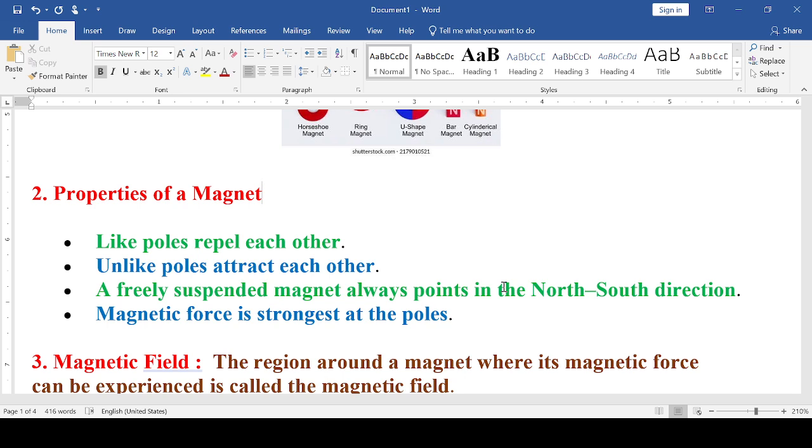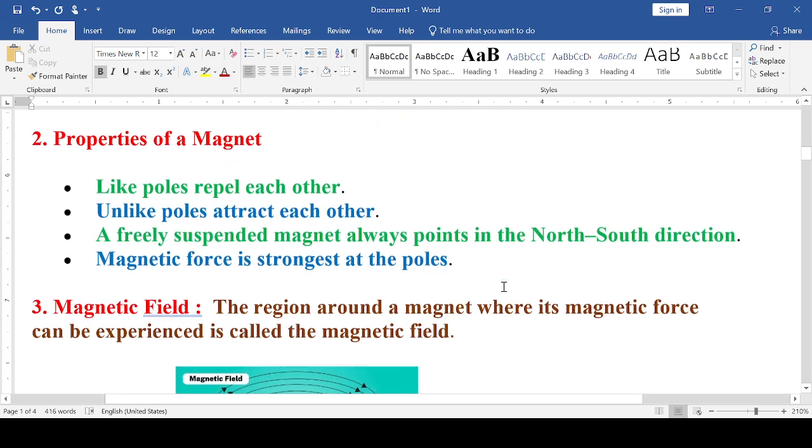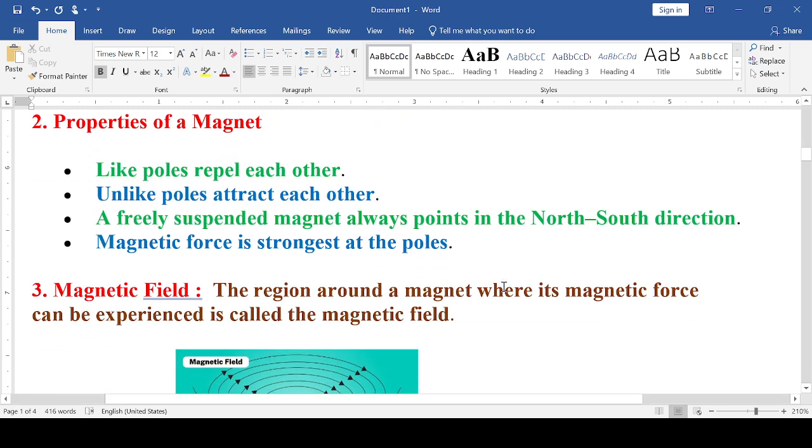With the help of the geographic directions north, south, east and west, one part will be directed towards the north direction, another part towards the south direction. The part directed towards the north we'll call north, and the opposite one will be the south. Magnetic force is strongest at the poles. Point to remember: the magnetic force is always strongest at the poles.